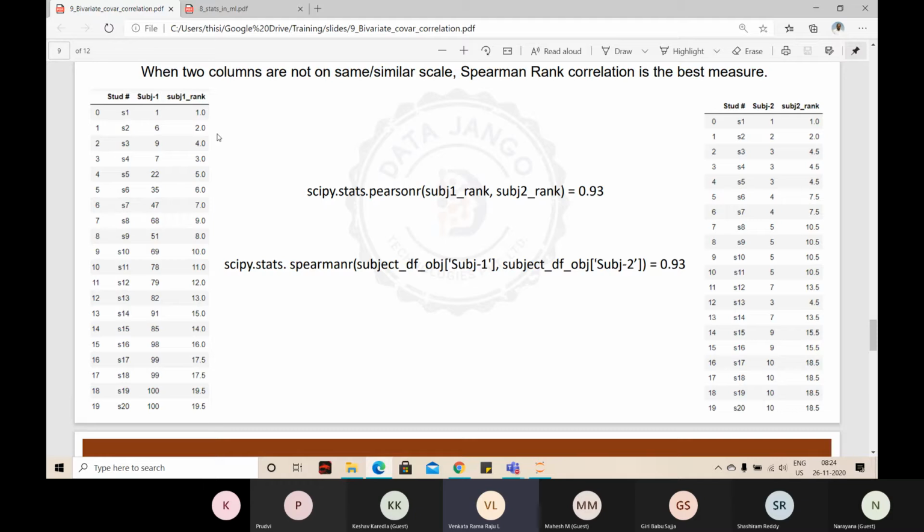Like that, here 20 students are there, so 20 ranks I have taken. Maximum marks I gave maximum rank. Generally it is going to be reverse: maximum marks first rank, minimum marks last rank. But I just reversed it. That's not a big deal. So I calculated rank here, and here also I calculated rank. What happened? Both columns came to the same scale. Do you agree?